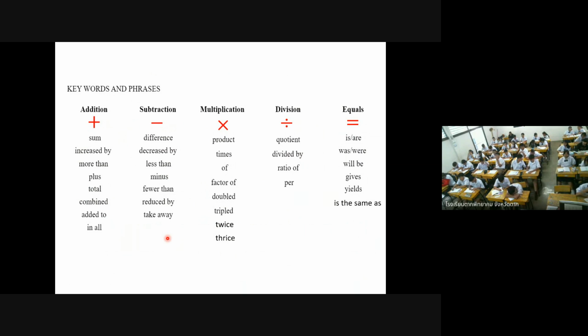Okay, let's read this. Since we're going to translate words or statements into symbols, if you see all of this: sum, increased by, more than, plus, total, combined, added to, in all of this, you're going to write it into the plus symbol.